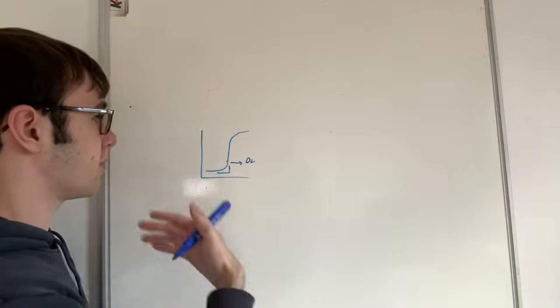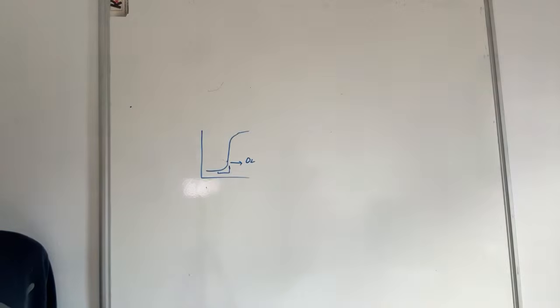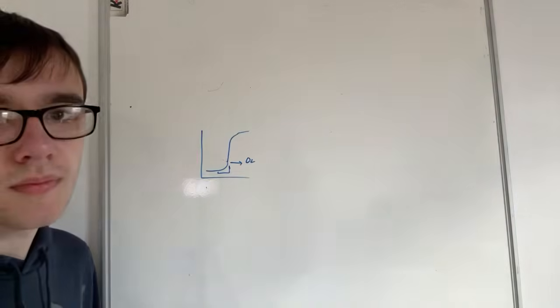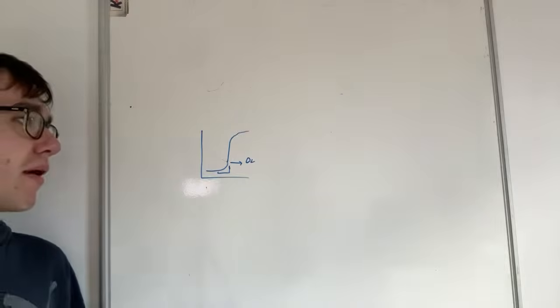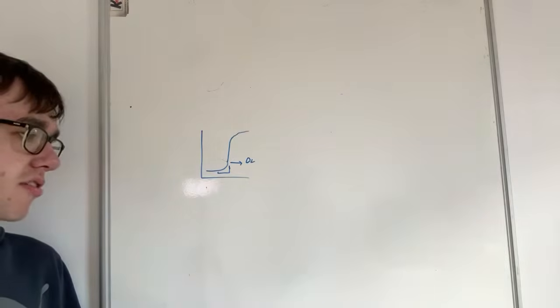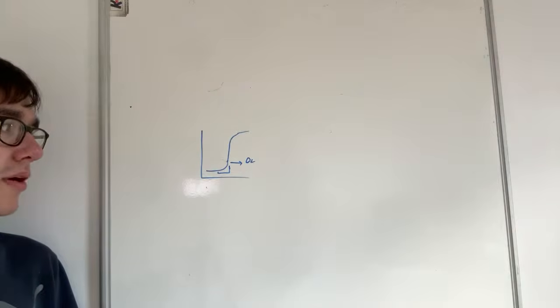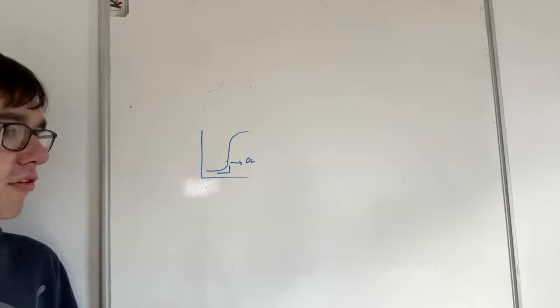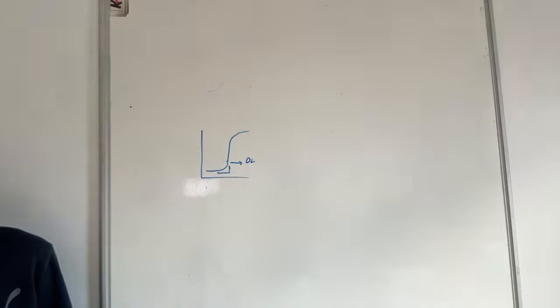The Bohr effect is where... is it to do with pH? Okay, I'm glad I misremembered. Yeah, the Bohr effect is where the CO2, because of respiration, makes the hemoglobin have a lower affinity to oxygen, so it can more readily offload oxygen to respiring cells.